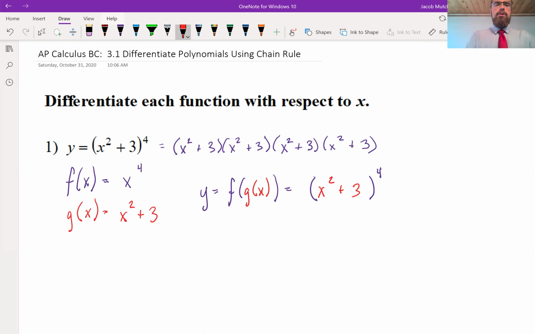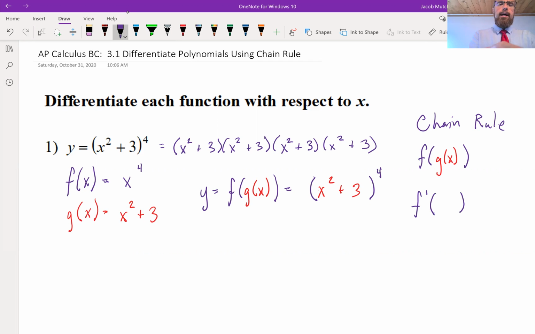Well, let's define the chain rule using that same idea of composition. The chain rule makes this claim: if you have f of g of x as your function, the derivative of f of g of x is given as follows.